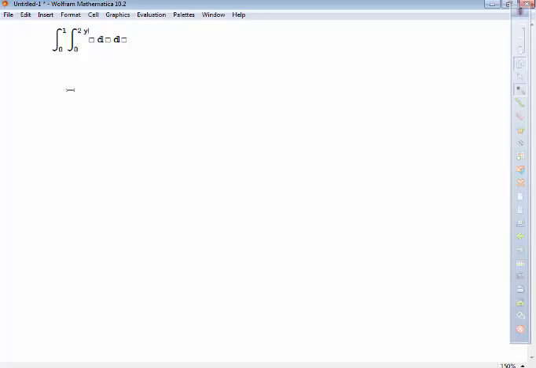Was it 2y, and then the square root of 16y squared? Let's use a nice font typesetting. Is that right?